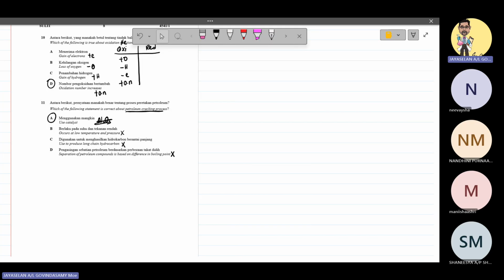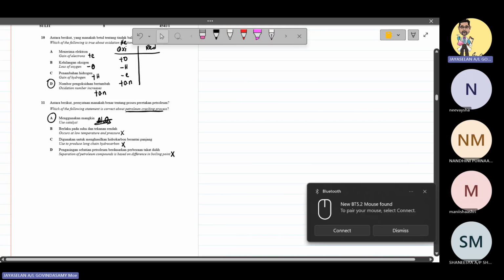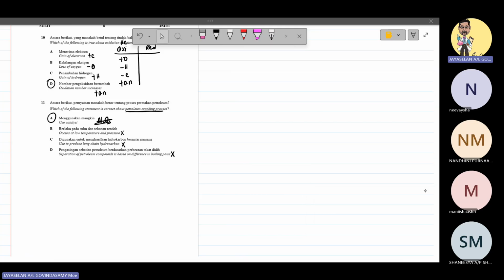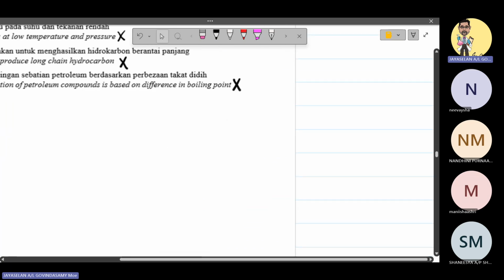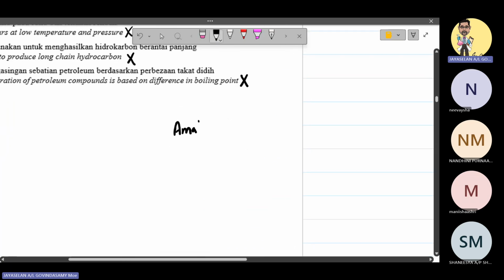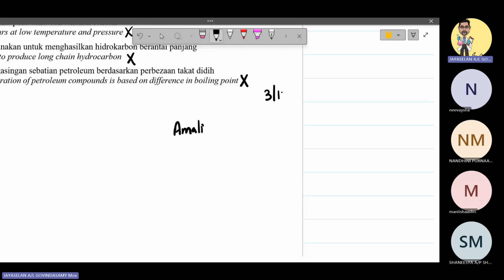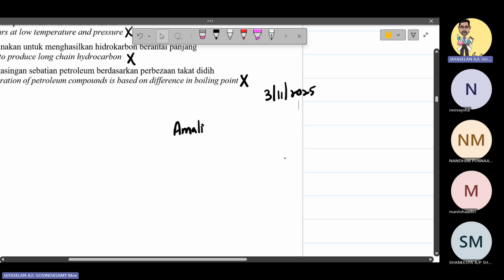on Saturday night. And please remember this one. Your MRSM Amali paper, the list will come out on 3rd November 2025, which is next week. Next Monday the correct list will come out, but the early list is already out.